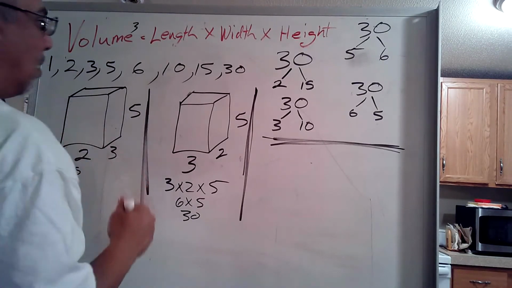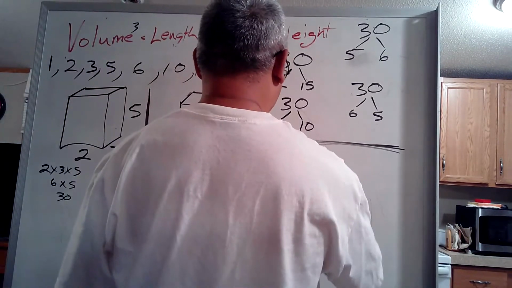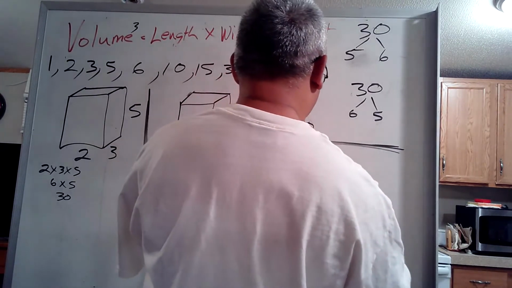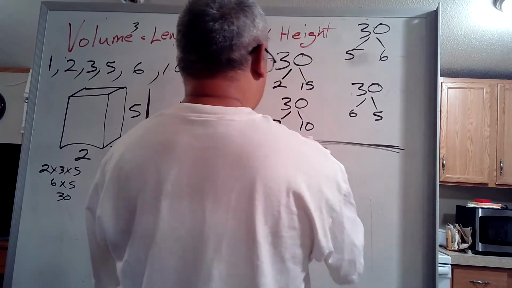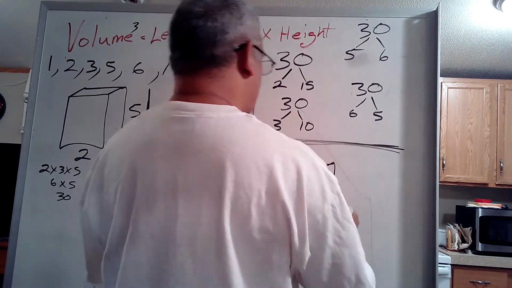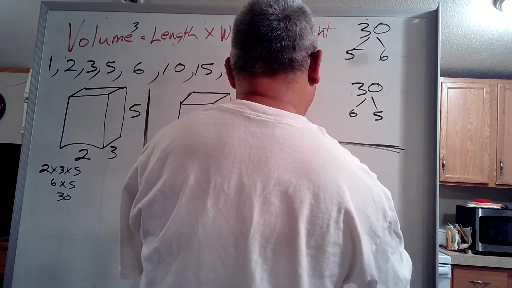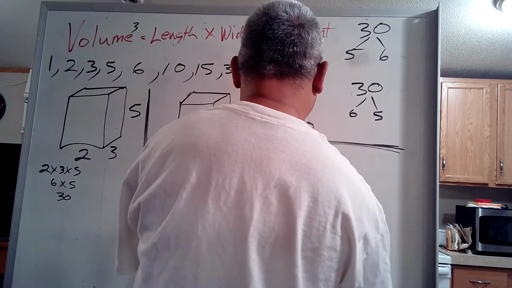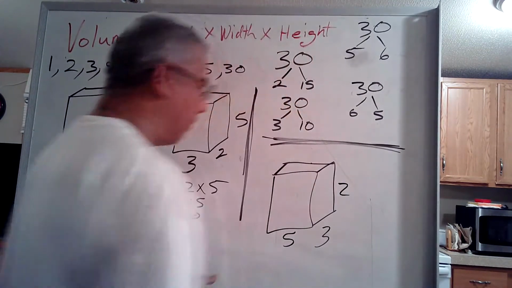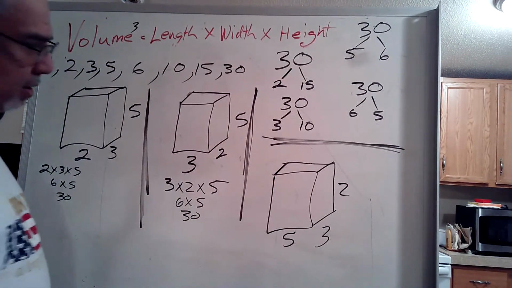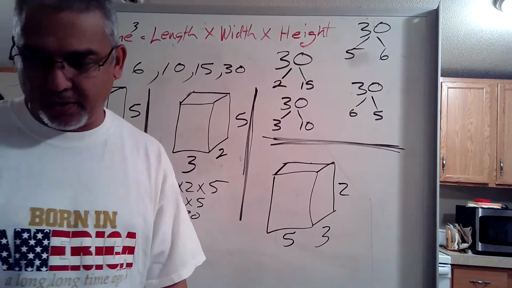So what if I draw my box again? What's another way to make 30? Couldn't we say, if I put a 3 here and a 5 here and a 2 here, even though that doesn't look like it's really greatly drawn, like I said, it's not the picture, it's the numbers that help.